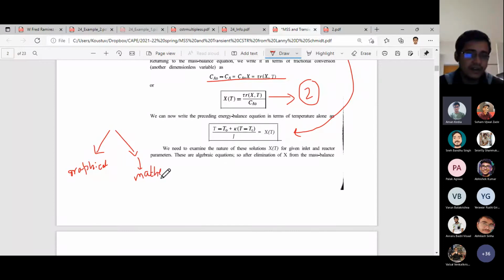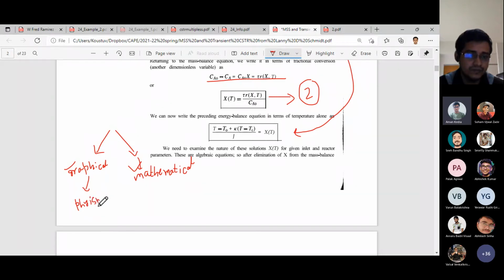Here we will understand more about the magnitude of the eigenvalues, which will tell us whether the reactor will operate at that steady state point in a stable or an unstable manner. That is why both analyses are very important. The graphical one will give you a physical picture of the behavior of the process.